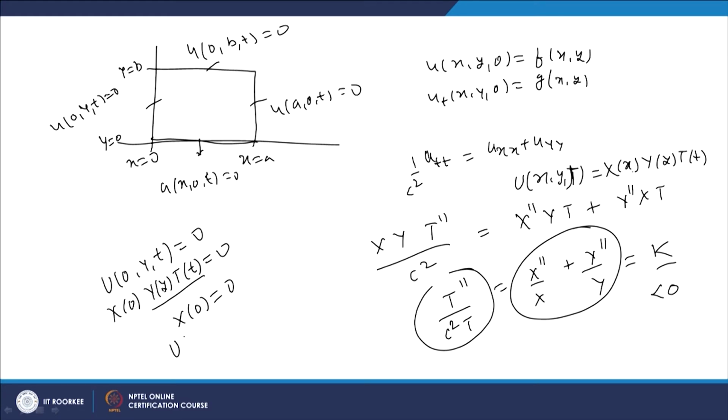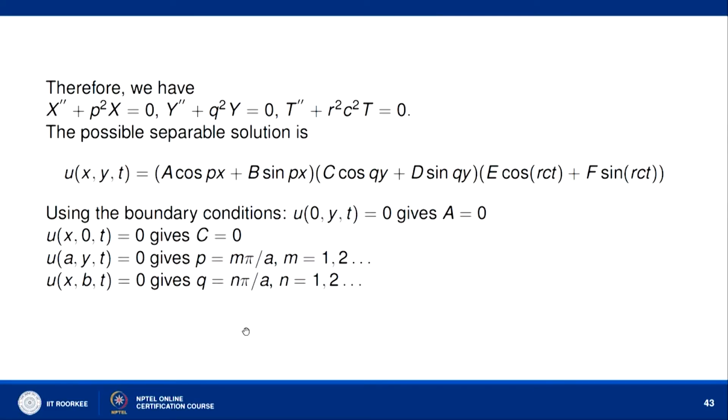Similarly, u(a,y,t) equal to 0, so in a similar way X(a) equals 0. So X(0) equal to 0 means a cos px plus b sin px at x equal to 0 has to have value 0. So it means that a has to be 0.